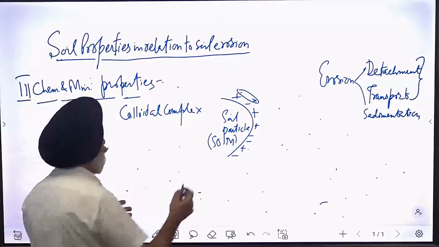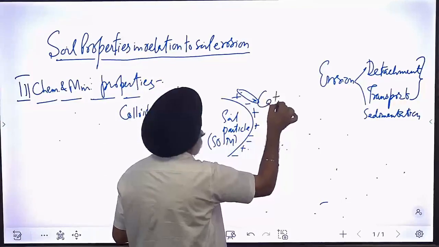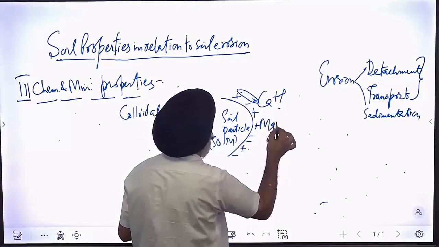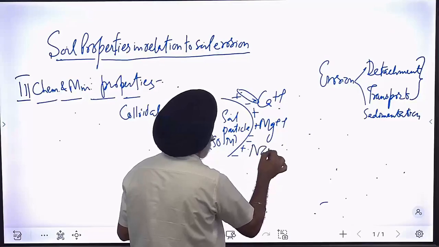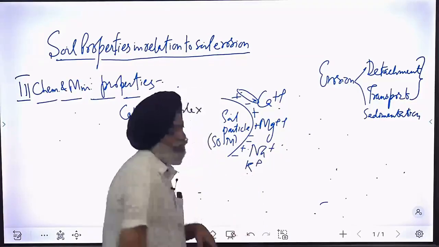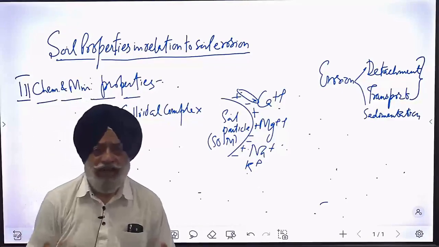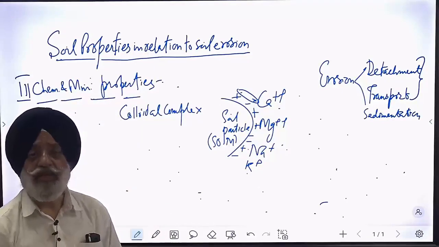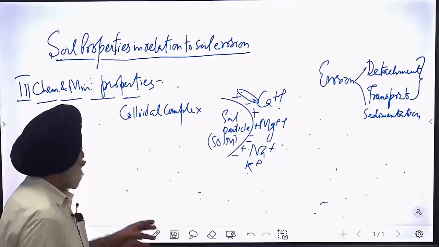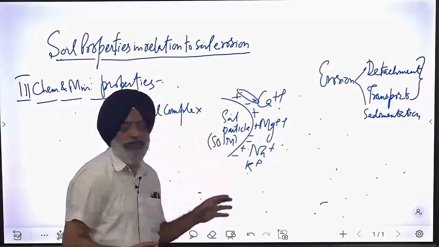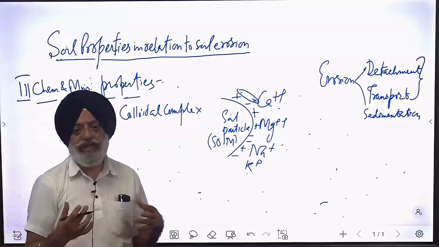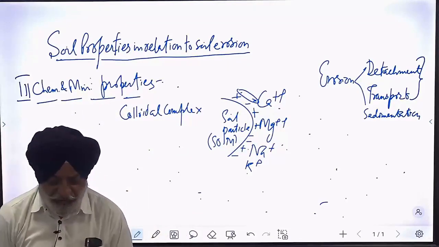Then you have different cations, calcium, magnesium, sodium, potassium, and even anions, attracted towards the soil particle or soil organic matter, depending upon the net negative charge of the soil colloid system.